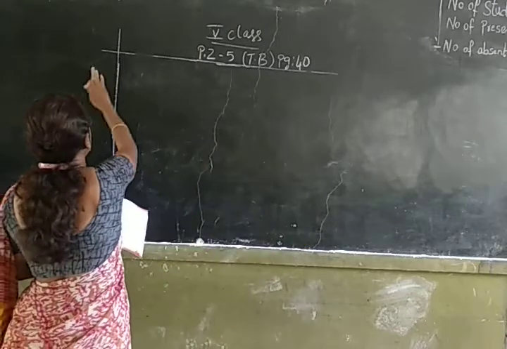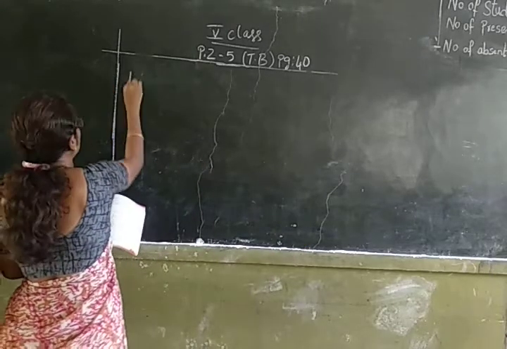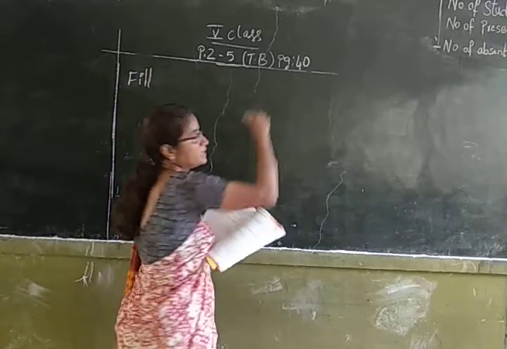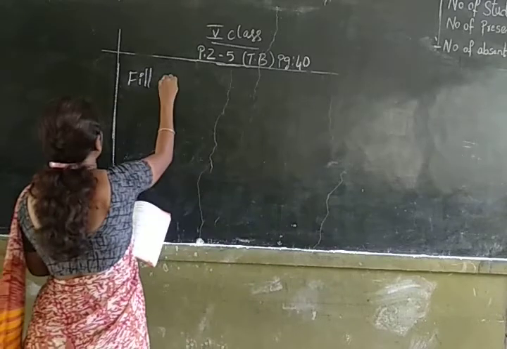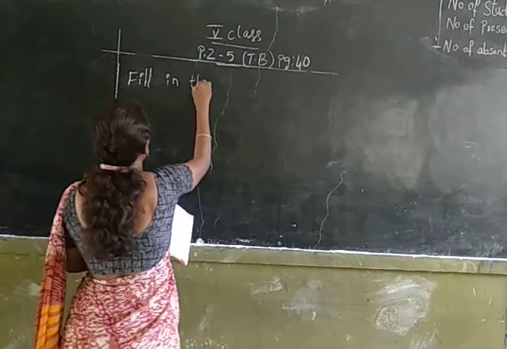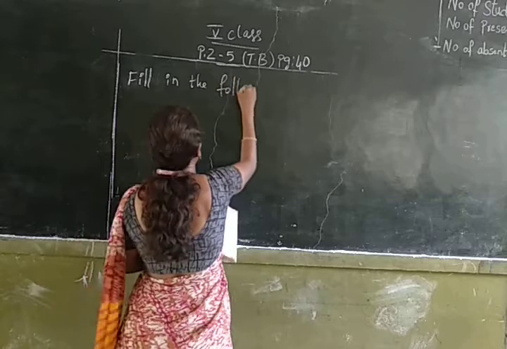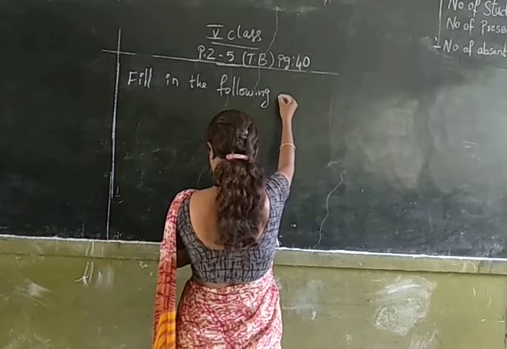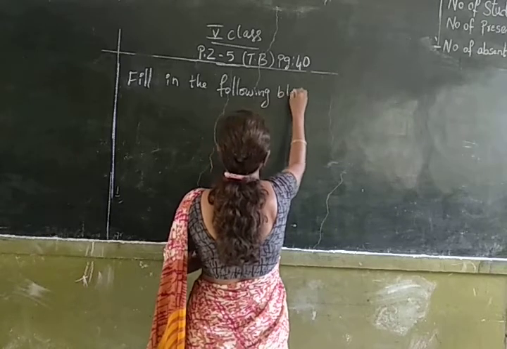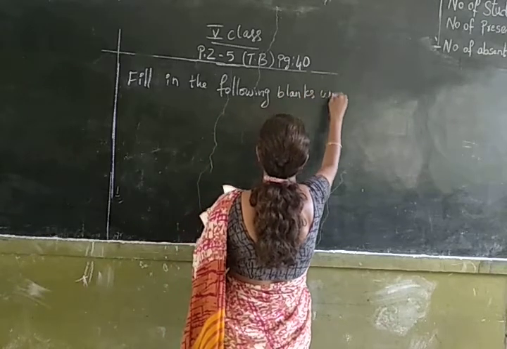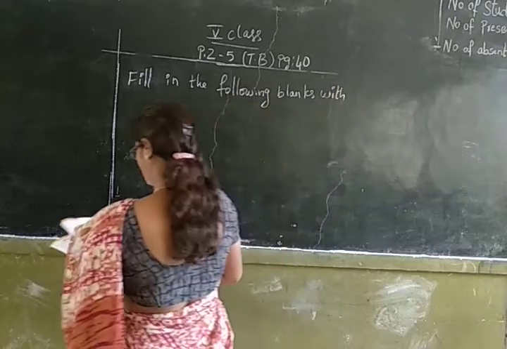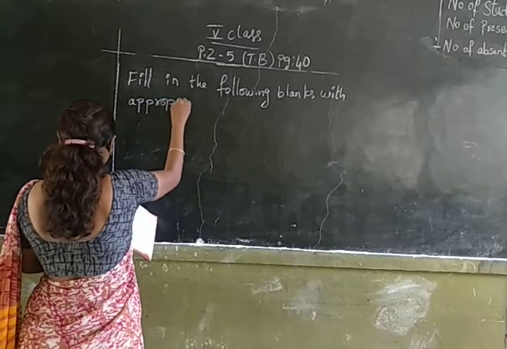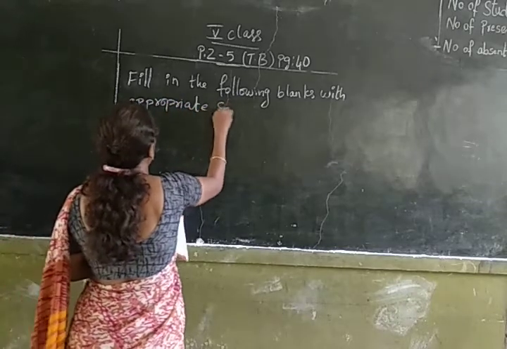So what is the next question? The next question is, children, we are doing practice zone 5 in textbook, page number 40. The question is, fill in the following blanks with appropriate sign.